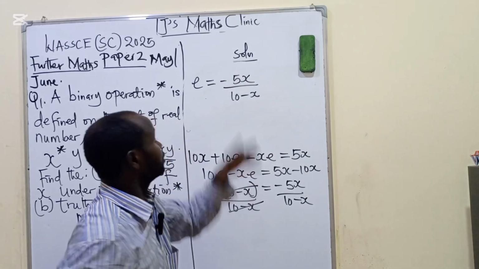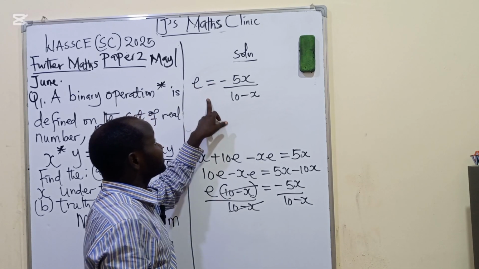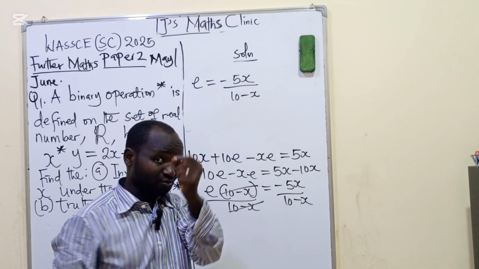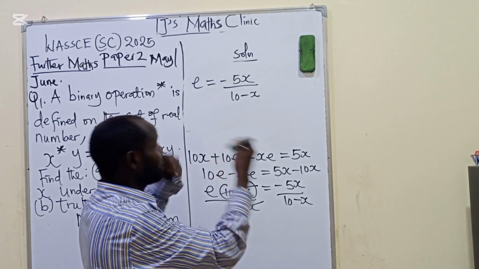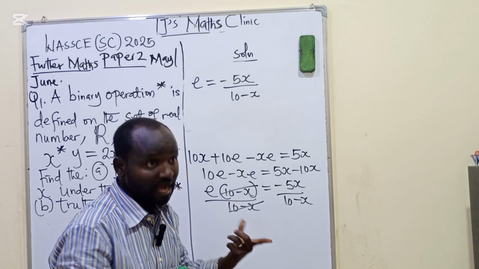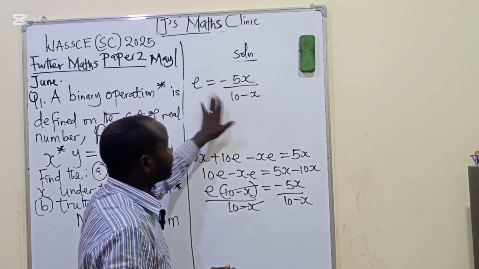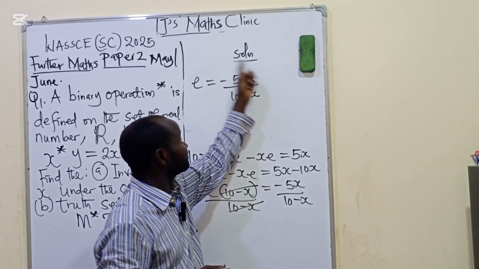That's the first condition. Number two, the value of this identity element depends on x, which is not supposed to be. Because if we keep changing the value of x, the identity element will not be the same. And this identity element has to be unique. So it means the identity element does not exist anytime you have a variable here.